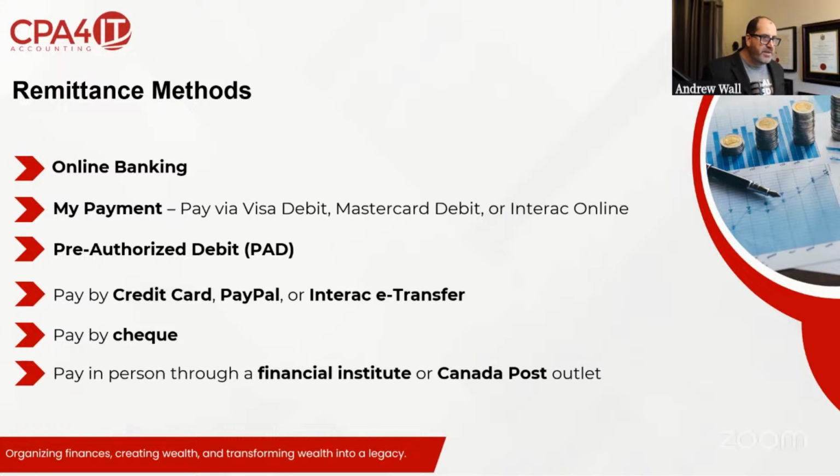That's a nice thing. In addition, you can pay at your financial institution. Again, you will need a PD7A form if you're going to either your financial institution or Canada Post. And in both of those situations, it will be considered to be paid the date that you go to either Canada Post or your financial institution.